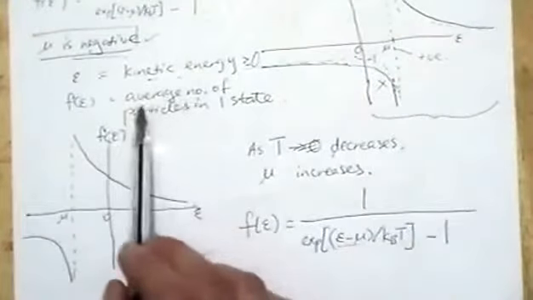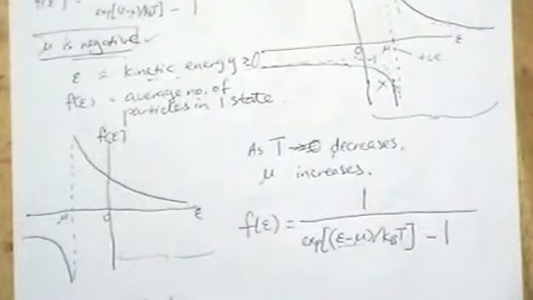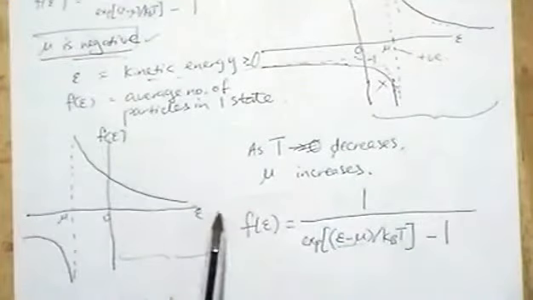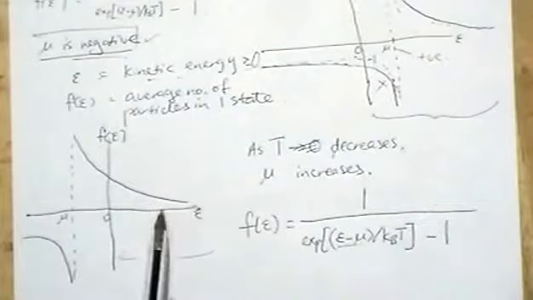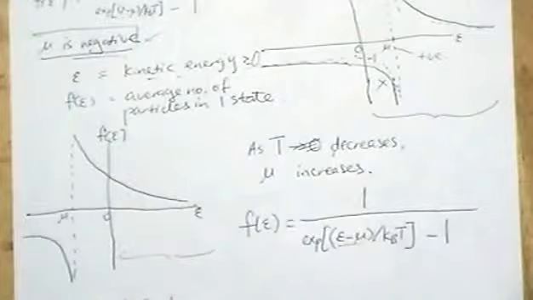It's the number of particles in one state. So this curve is a function of energy. It tells us, for states at any energy, the number of particles in that state.